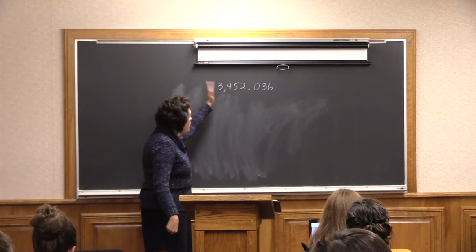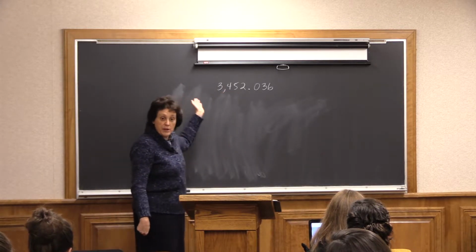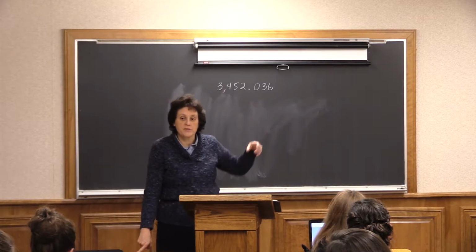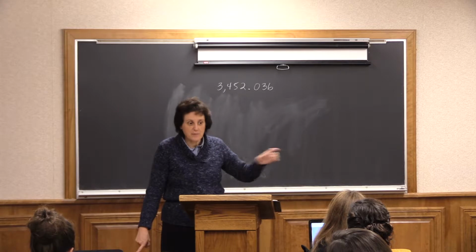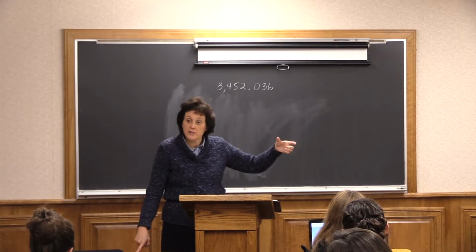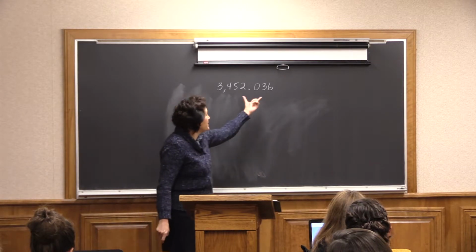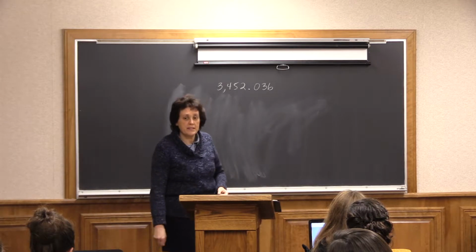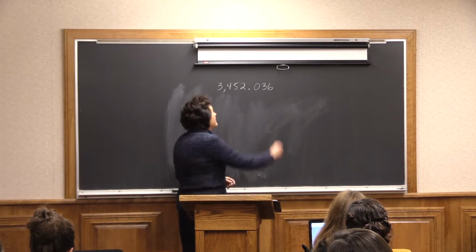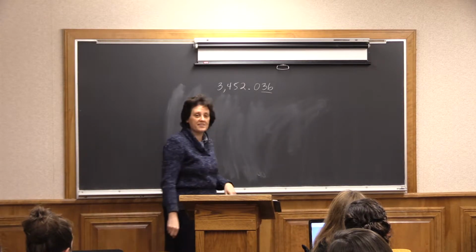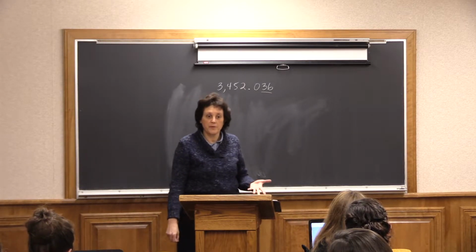In front of the decimal point, we divide our larger numbers into periods, where we group our numbers: ones, tens, hundreds in the units period, then ones, tens, hundreds in the thousands period, then ones, tens, hundreds in the millions period. So behind the decimal isn't really a period, but it is read the same. We read this as it stands alone, 36 thousandths, okay?